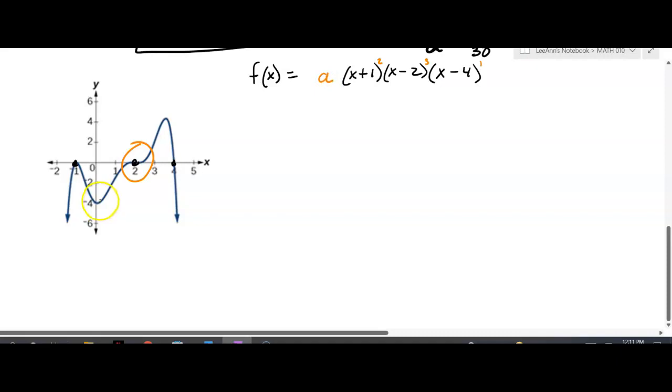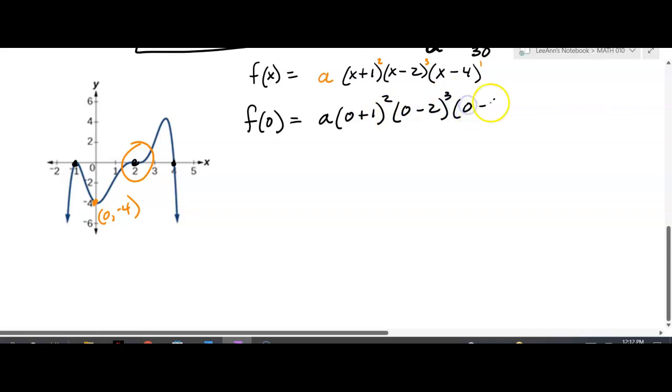Okay, so we can find a, though. It looks like it's going through right here at negative 4, I'm going to say. So 0, negative 4. And so if I plug in a 0 for the function, f of 0, it's going to equal a times 0 plus 1 squared. I don't know why I keep writing the zeros in. For some reason, I think it's going to help make more sense. And that's going to all equal negative 4 because when we evaluate at 0, we're getting negative 4.